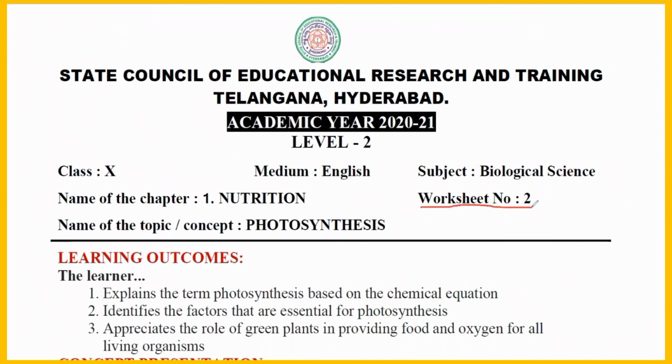The chapter, as we already know, is nutrition. The main concept in this worksheet is photosynthesis. It is a food making process in the plants.